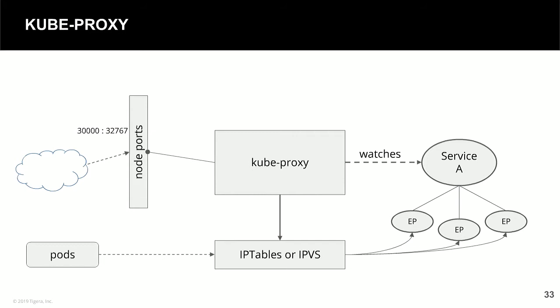KUBE-PROXY also then creates rules for any traffic coming into the host from outside on one of those ports that Kubernetes has assigned to be dynamically NATted into one of the pod IPs. And if the pod happens to be on a remote node from which the external traffic is coming in, KUBE-PROXY will also automatically SNAT the traffic so that the return traffic also egresses the same way.